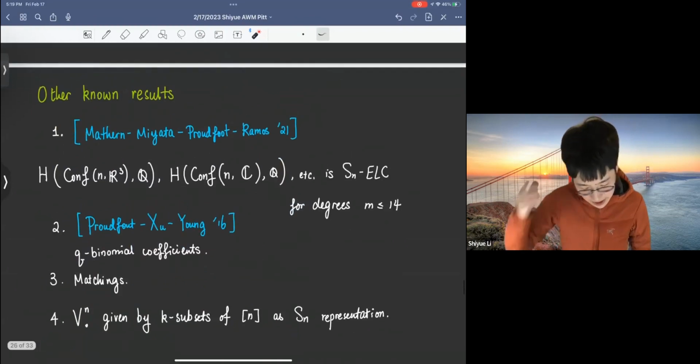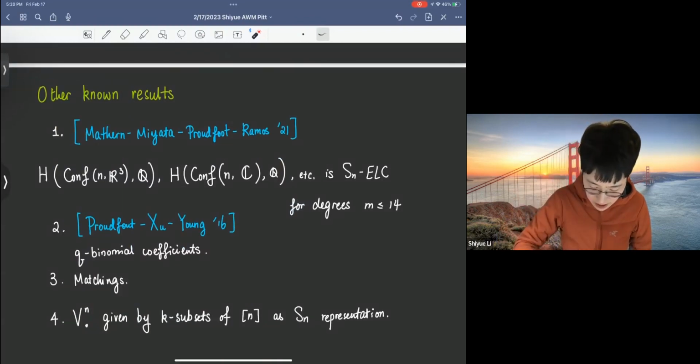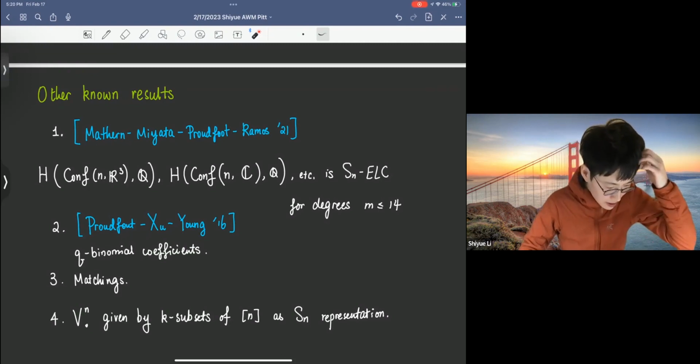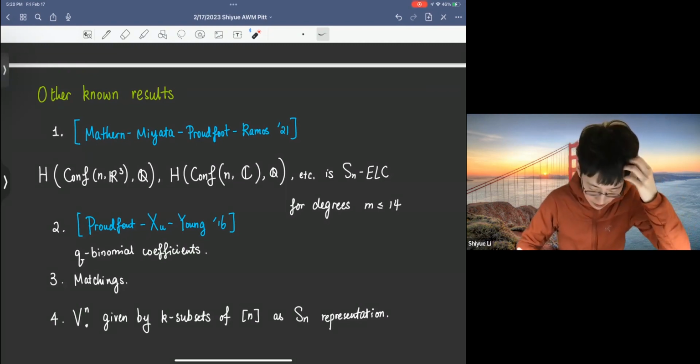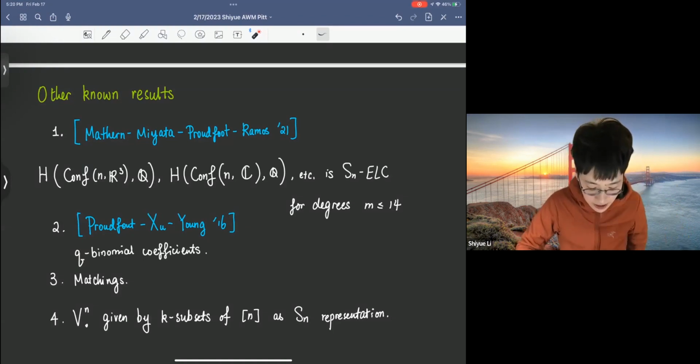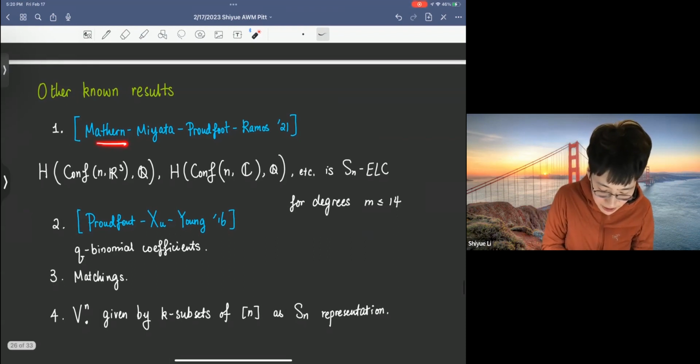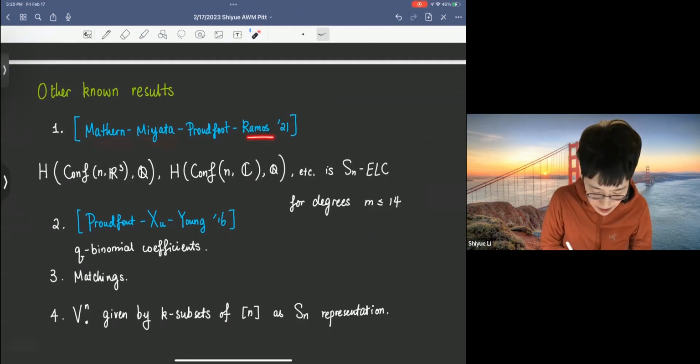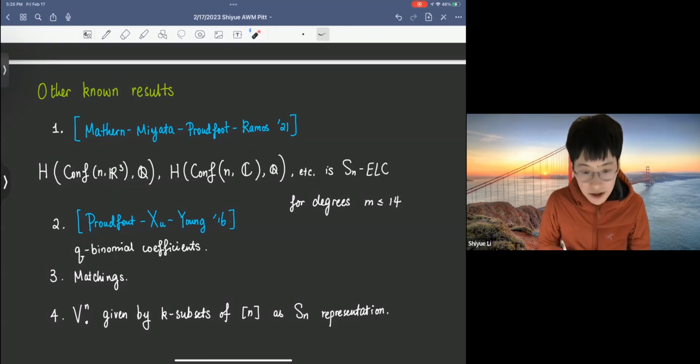So a few highlights of known results: this is a well-known, well-studied, but still just starting phenomenon that has a lot of geometric and topological interest. For example, people like Matherne, Miyata, Proudfoot, and Ramos have studied equivariant log-concavity behaviors for cohomology of certain configuration spaces. But there, it's not conclusive yet for all degrees.